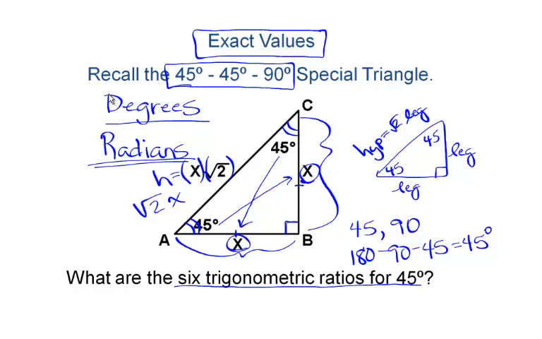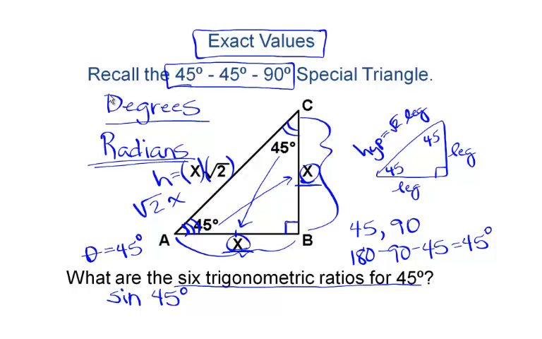We'll do it in terms of x. So the sine of 45 degrees, now I have a measure for theta. In this triangle, theta is 45 degrees. I don't care about the size of my triangle.